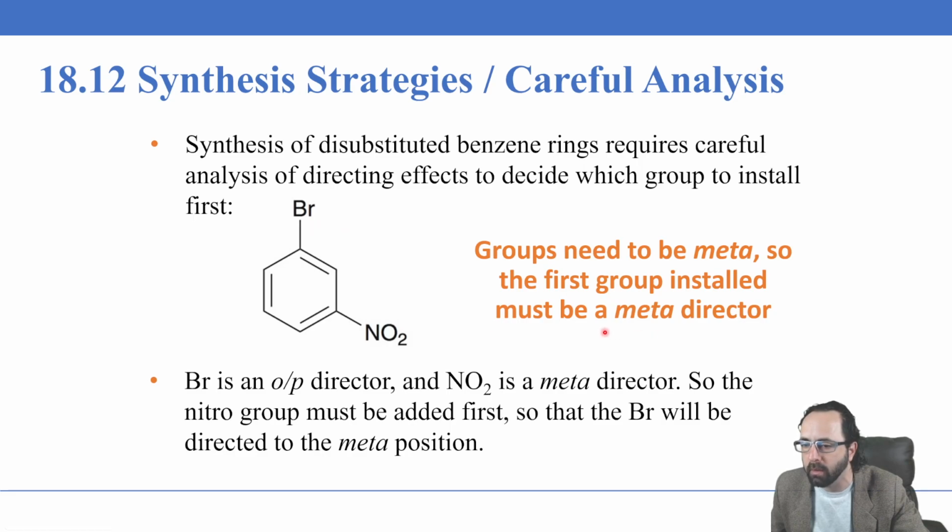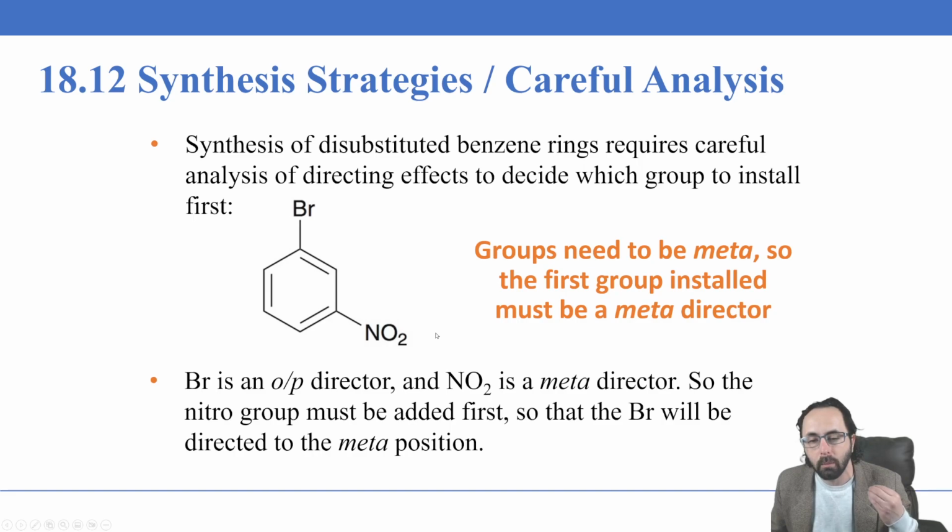The first group installed should be a meta director if we want to install at the meta position. Bromine here is an ortho para director. The nitro group is a meta director. So if we want to produce this from a benzene ring, we would want to install the nitro group first, because then the installation of the bromo group will be in the meta position here. If we install the bromo group first, the nitro group will be installed at the ortho or para position, which is not what we want.